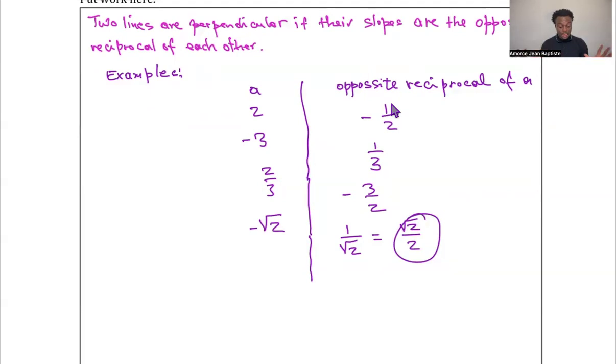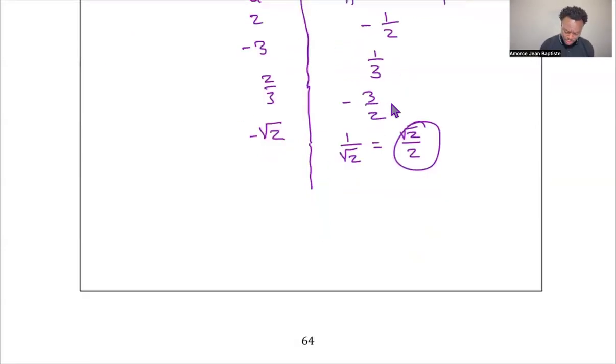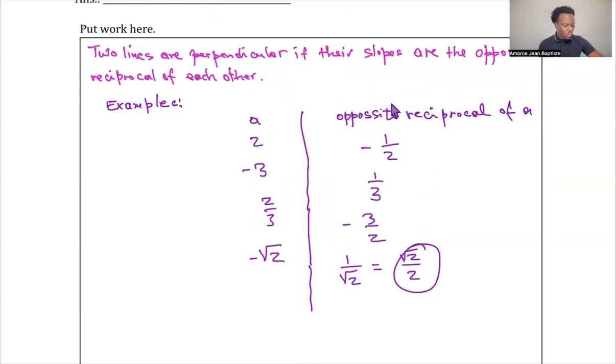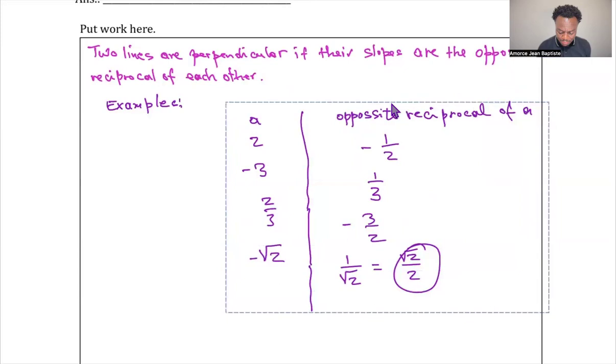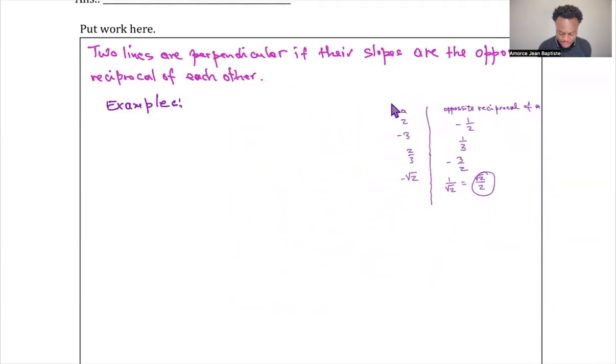So I wanted to make it clear for you to understand what it means when two lines are perpendicular. Now, the line that I need to find its equation is perpendicular to the one that I have now, and the line passes through a point.